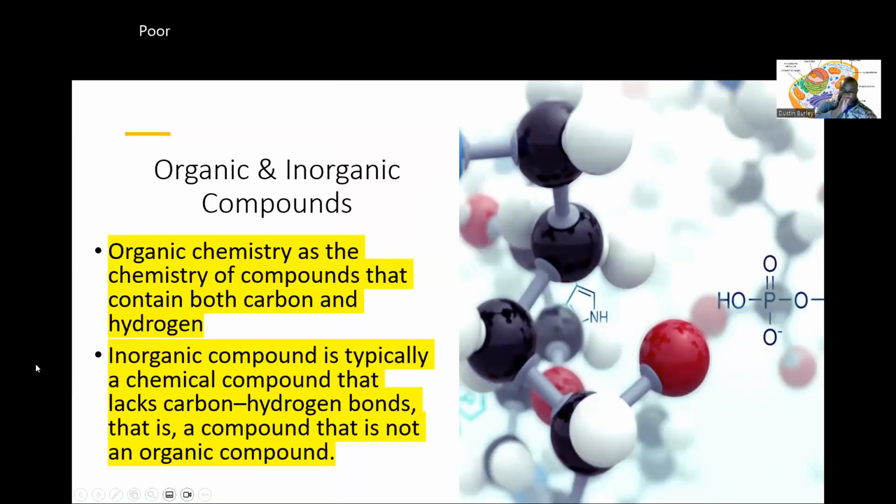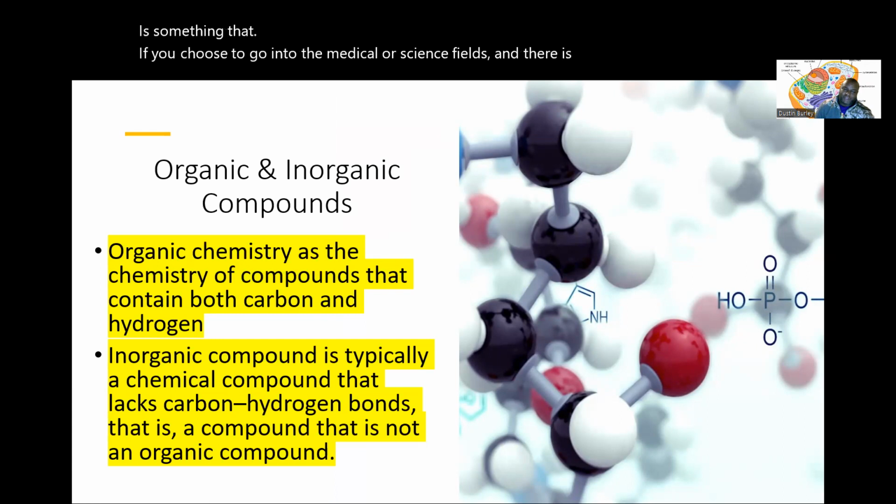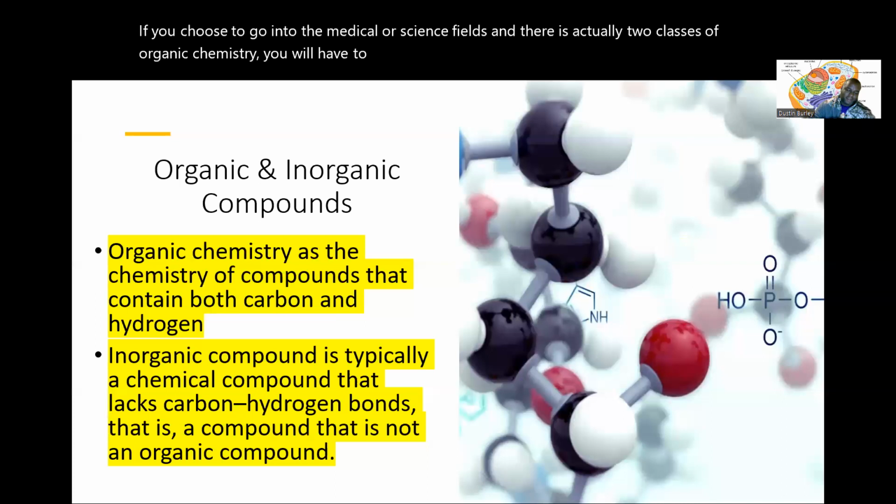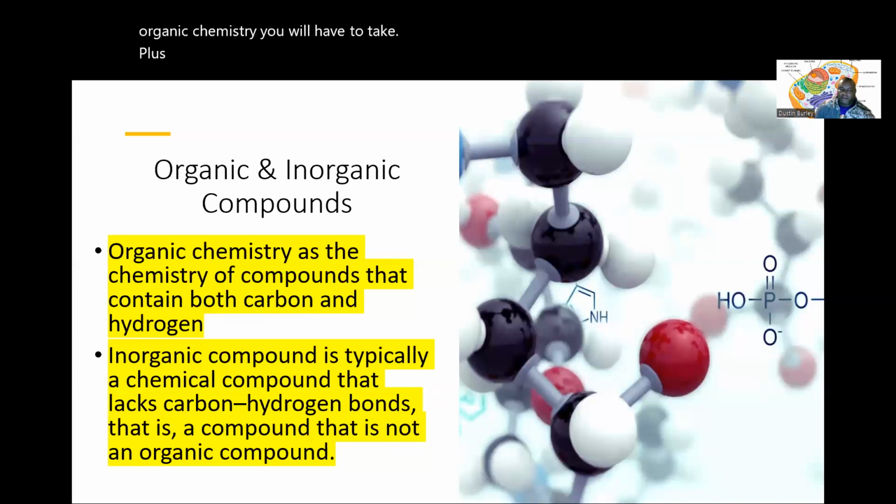Organic and inorganic compounds. Organic chemistry is something that if you choose to go into medical or science fields, there are actually two classes of organic chemistry you have to take, plus a lab. Inorganic is one section.